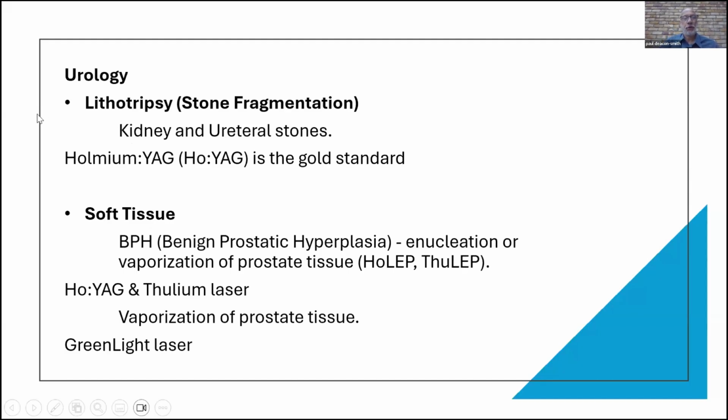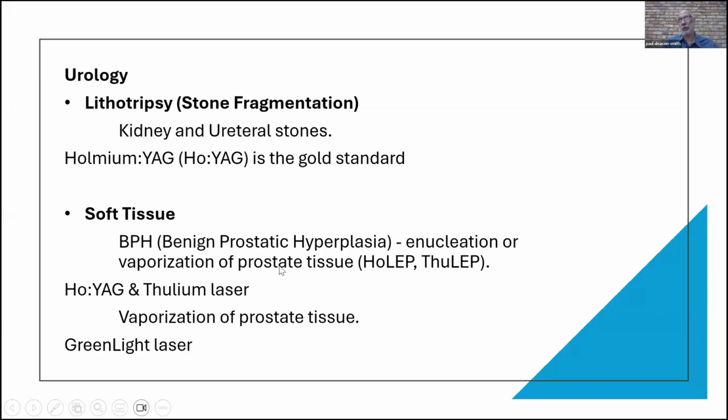Okay, then you have soft tissue, vaporization of prostate tissue. And that's because it's a hollow organ, but again, there are holmiums. And the reason what you're doing here is that you're getting rid of tissue because you're reducing prostate tissue, which is an issue with older men.